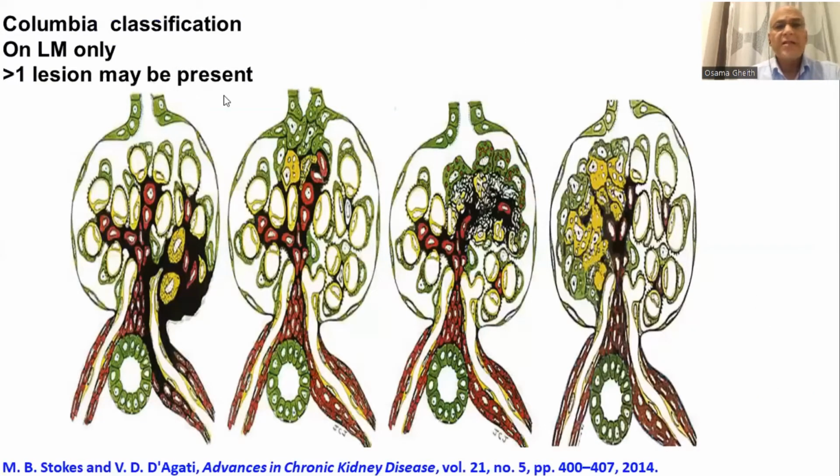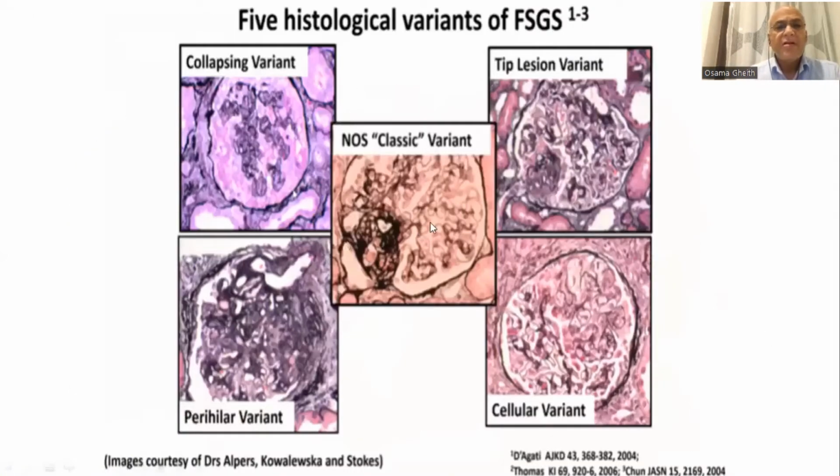This is the Columbia classification, a pathological classification based on light microscopy, and more than one lesion could be present in the same patient. This is the hilar sclerosis. This is a glomerular tip lesion. This is a collapsing form, and this is a cellular form with foam cell development. The fifth variant is the not otherwise specified classic variant.